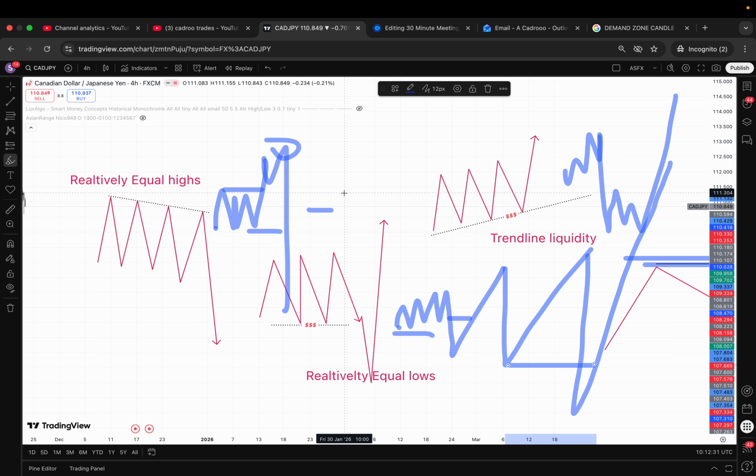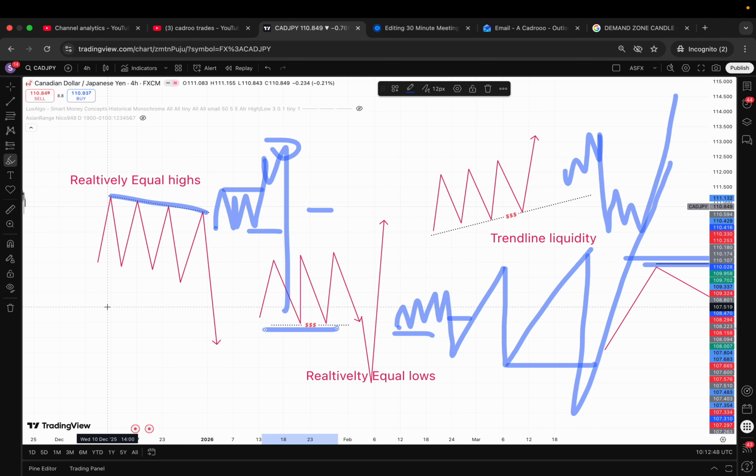Because these guys now are thinking that they are the most profitable ones because they are waiting for equal highs or equal lows to get taken out before they enter their trade, and then they wait for confirmation and then get into a trade.